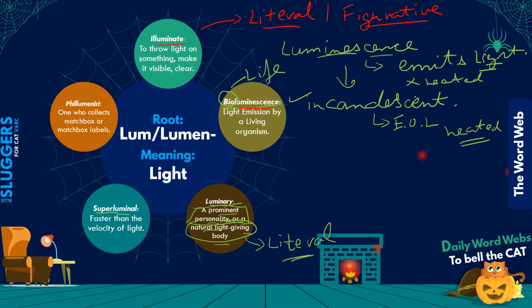Next, come to the word superluminal. Superluminal, guys, can be used as an adjective for anything that travels at a speed faster than light. Super is above, more, and luminal relates to the speed of light in this case.